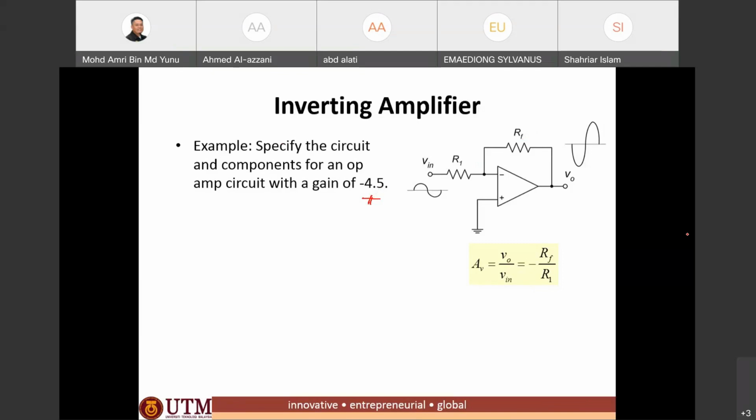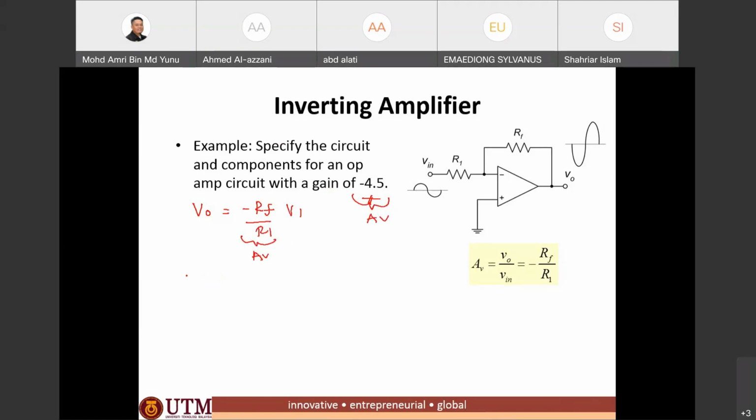The equation is given here, which we derived from the previous discussion. V out is equivalent to negative RF over R1 multiplied by V in. And this is the gain AV, which in the specification is set as negative 4.5.